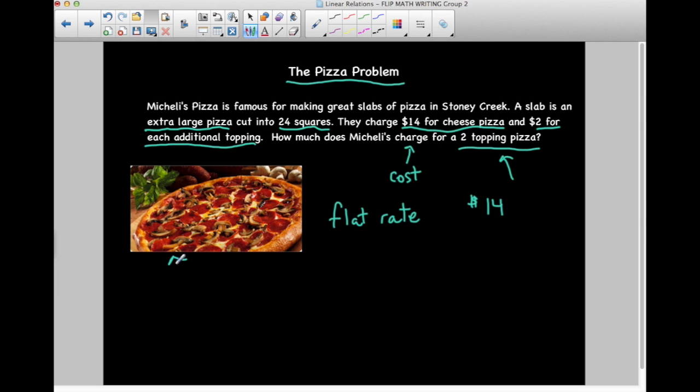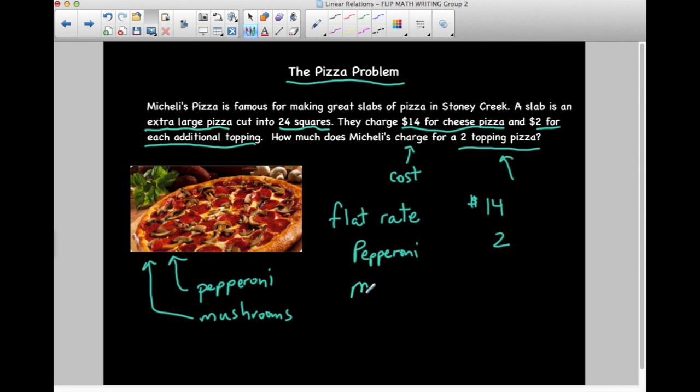Let's pretend that we are ordering 2 toppings, pepperoni and mushrooms. So if I want to add pepperoni to my pizza, it's going to cost me an extra $2. If I want to add mushrooms, it's also going to cost me another $2.